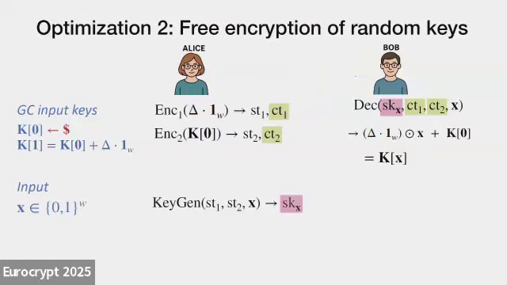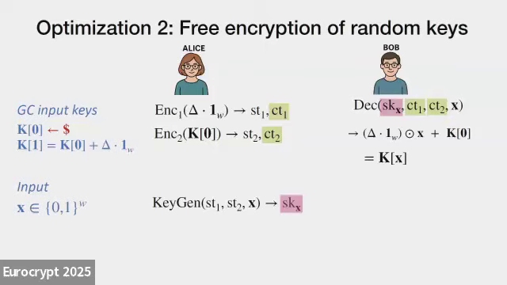So what about CD2? Here, the observation is that K0 is simply going to be a uniformly random vector. In our construction of batch select, that also means that the ciphertext CD2 is going to look like a uniformly random vector. And now the thing that we can do is that we don't sample K0 first and then compute the ciphertext CD2 from it, but we just do it the other way around.